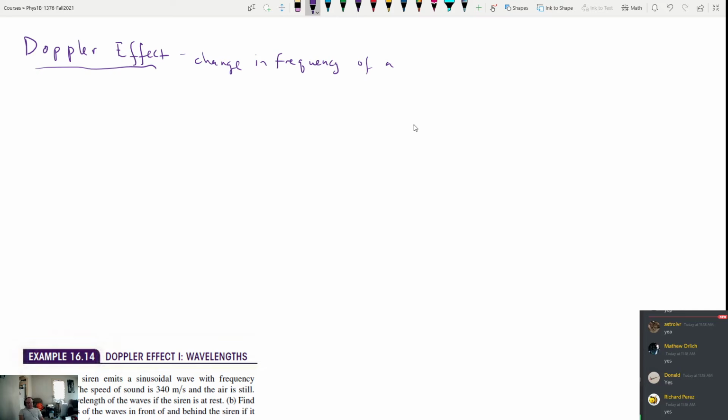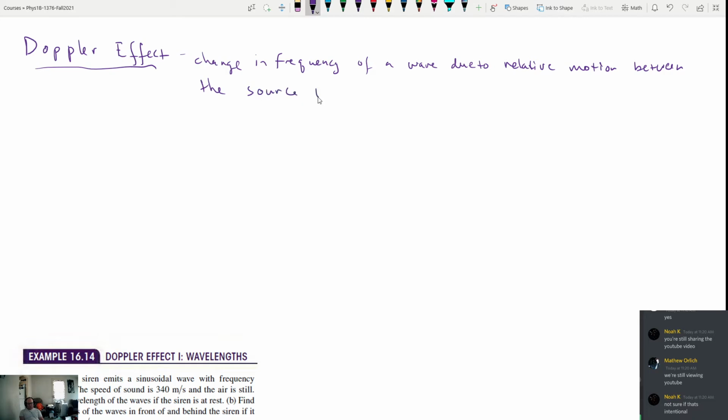It happens with water waves too. So it happens with any kind of wave. I'll give you an example with water waves. That's pretty easy to understand, I think. Change in frequency of a wave due to relative motion between the source of the waves and the observer.